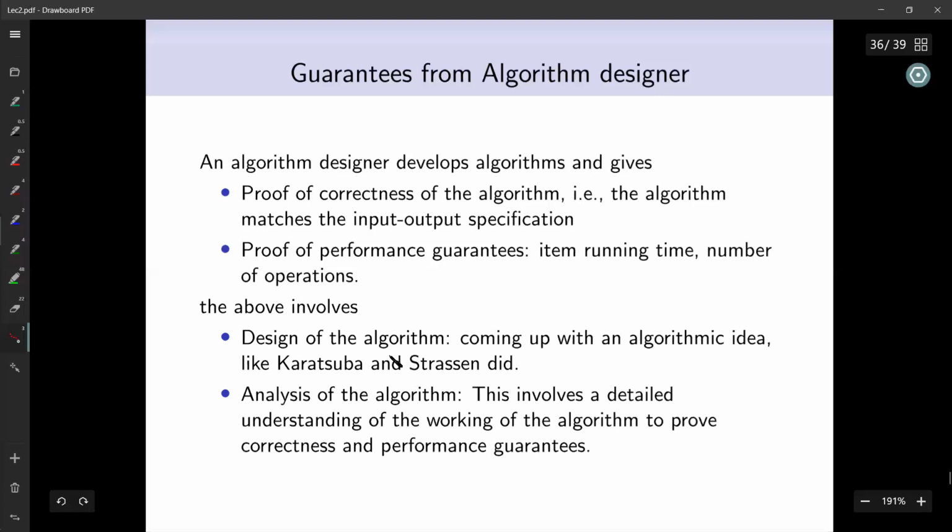The subtasks are: one, the design of the algorithm, coming up with an algorithm idea like Karatsuba or Strassen did, and then analysis of the algorithm. This is the important part, as important as the design. This involves a detailed understanding of the working of the algorithm to prove the correctness and performance guarantees.